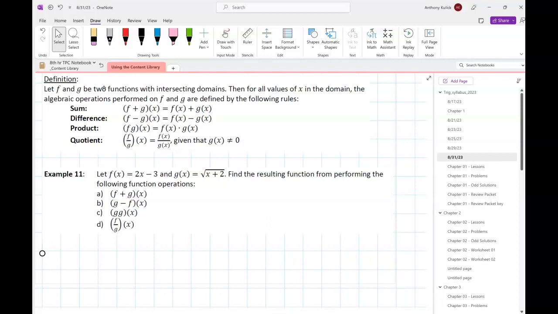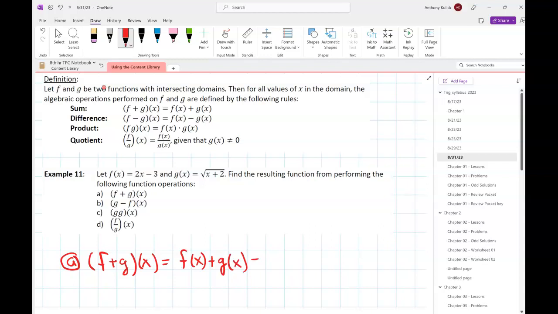And then we're going to find the resulting function from performing the following operations. So our first example, we want to look at f plus g of x. Well, from my definition above, I know that that is the same thing as just taking f of x plus g of x.